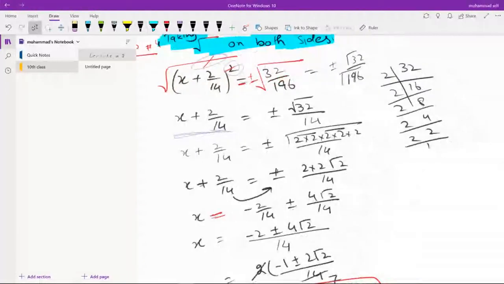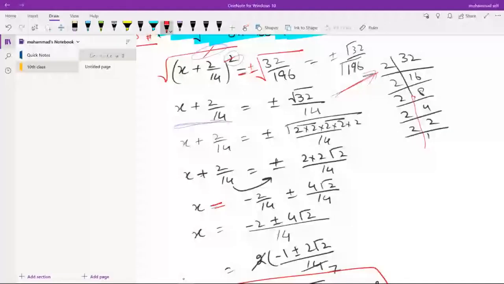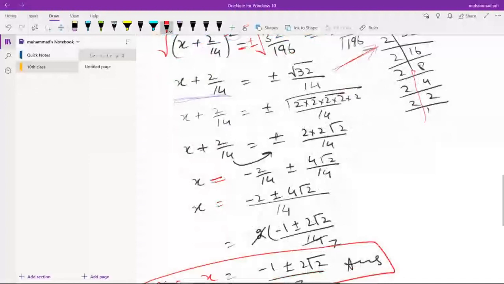By taking the LCM of 32 for the square root of 32: 2 times 16, 2 times 8, 2 times 4, 2 times 2, and 2 times 1. We can write 32 as 2 into 2 into 2 into 2 into 2, 5 times. Square root means you can take a pair of numbers outside the square root. When we take this pair outside the square root, you have 2 into 2.